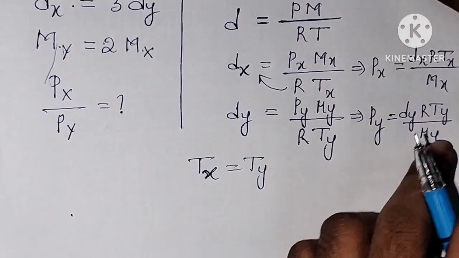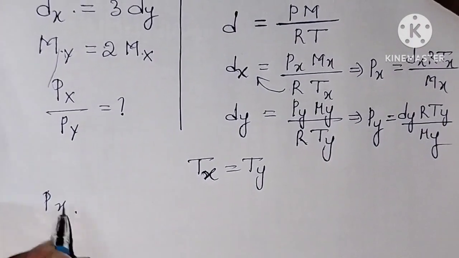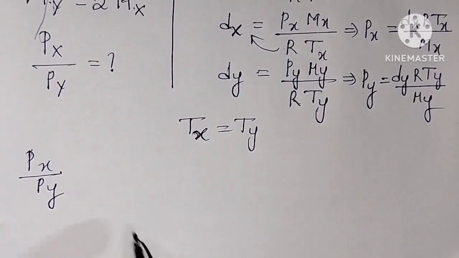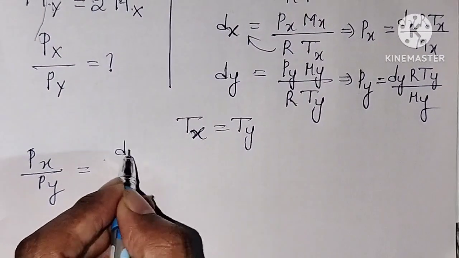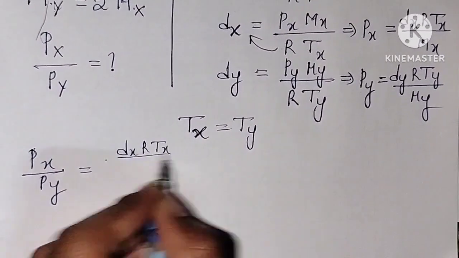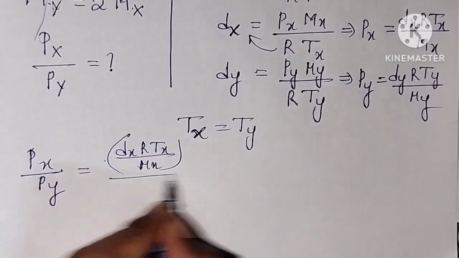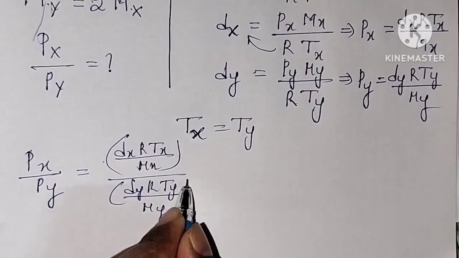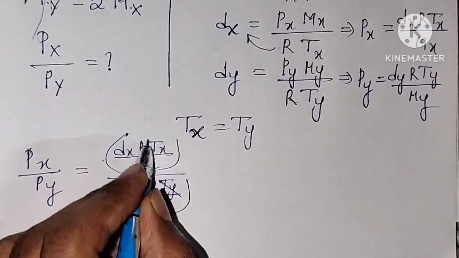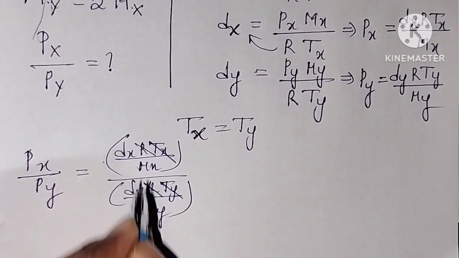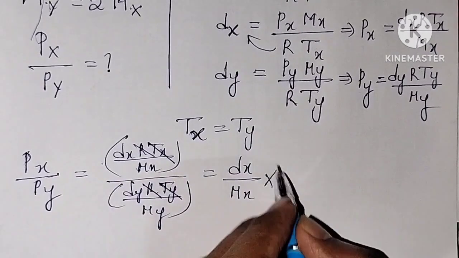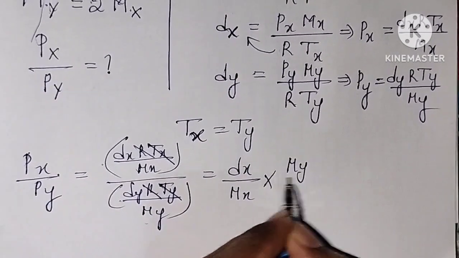Now find the ratio px by py. What is px? dx R tx by mx, whole divided by dy R ty by my. Now here tx and ty get cancelled, R and R get cancelled. Now dx by mx into the reciprocal, my by dy.